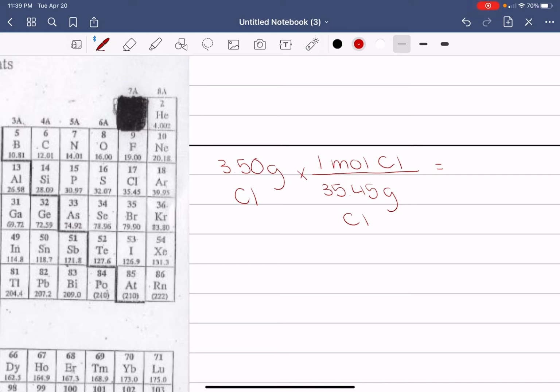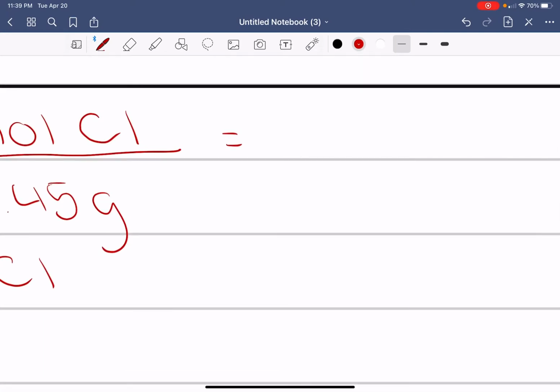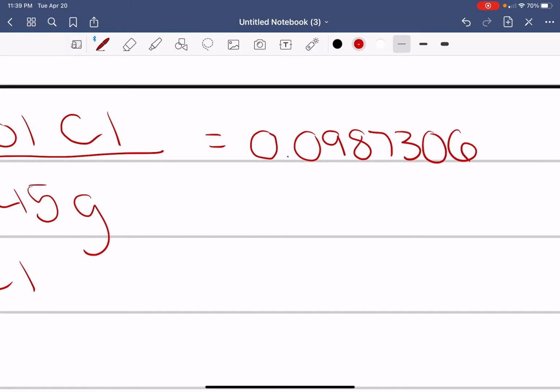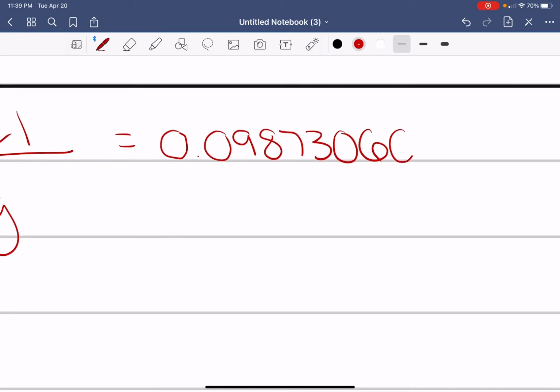You would want to take 3.50 divided by 35.45, and you would get 0.09873 moles of chlorine.